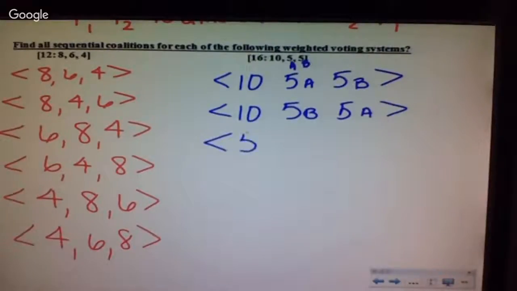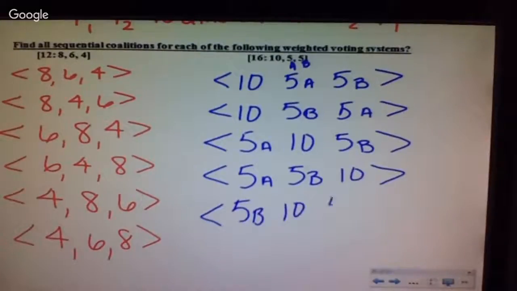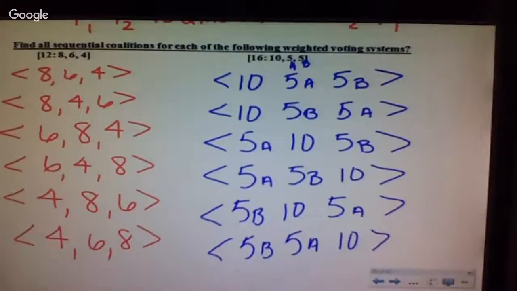Then I can start them off with 5A: 5A, 10, 5B, and 5A, 5B, 10. And then, of course, I can finish off with 5B, 10, 5A, and 5B, 5A, 10.